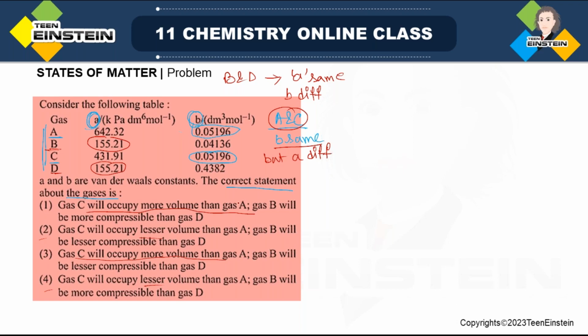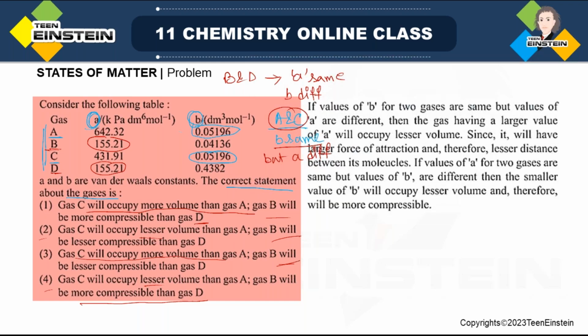Similarly, in the second part, option 1 says B is more compressible than D, and options 2 and 3 say lesser compressible than gas D. Now, from the constants a and b, how can we conclude in which case volume will be high and in which case compressibility will be easier? You have to follow this logic.